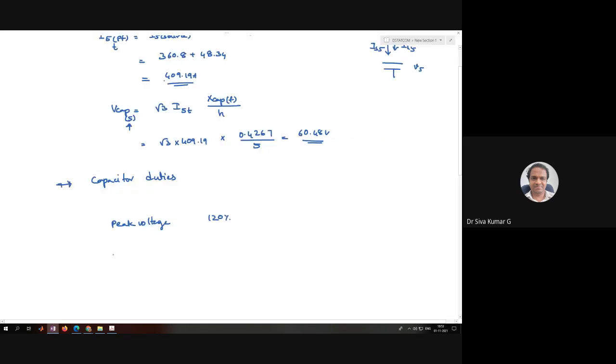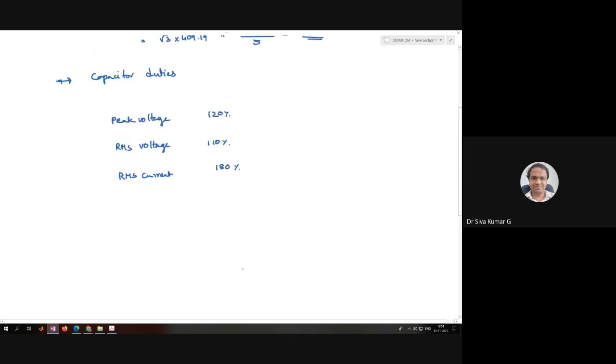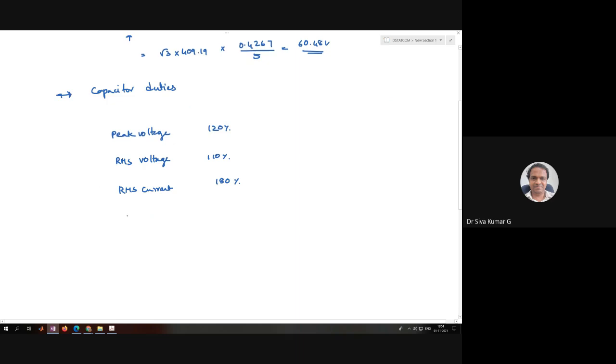Then the RMS voltage will be 110%, the RMS current allowed in the capacitor is 180%, and the rated kVAR should not exceed more than 135%. We are going to evaluate these capacitors.